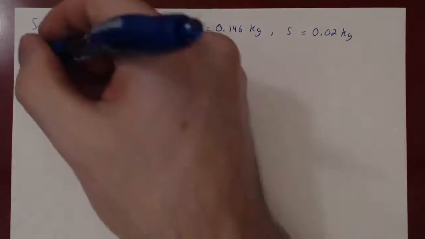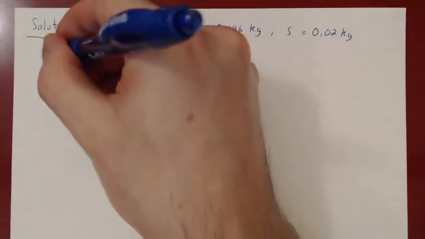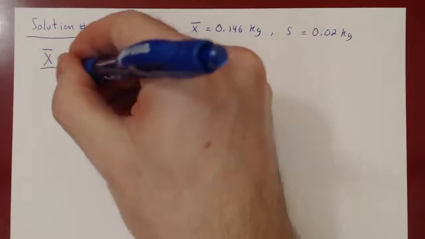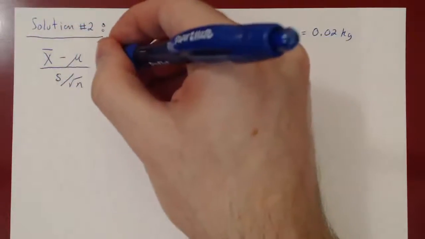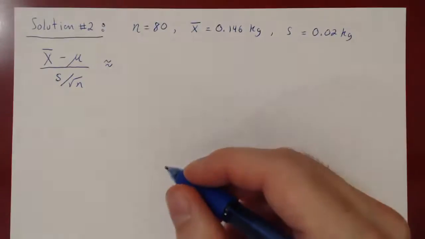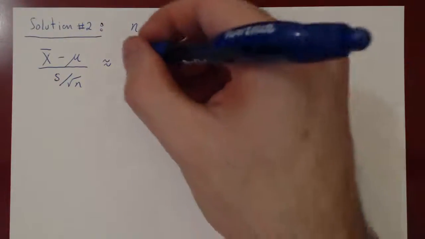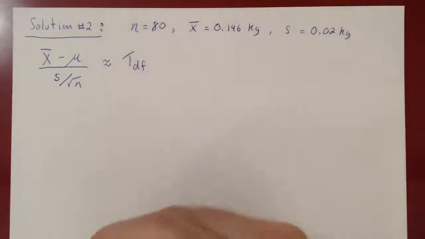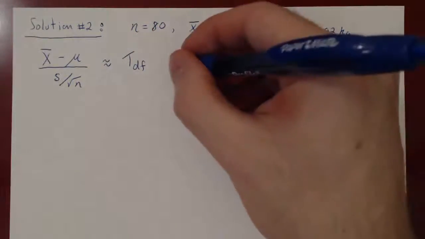So here's our statistic, the sample mean minus the true population mean over now s over root of n. And this will be, by the central limit theorem, not exactly normal. It will follow the so-called t distribution with degrees of freedom df.